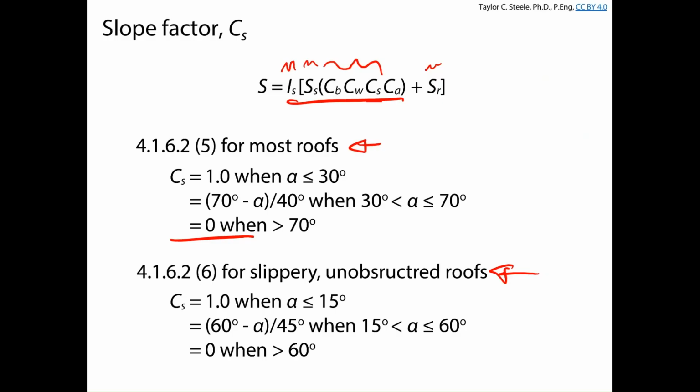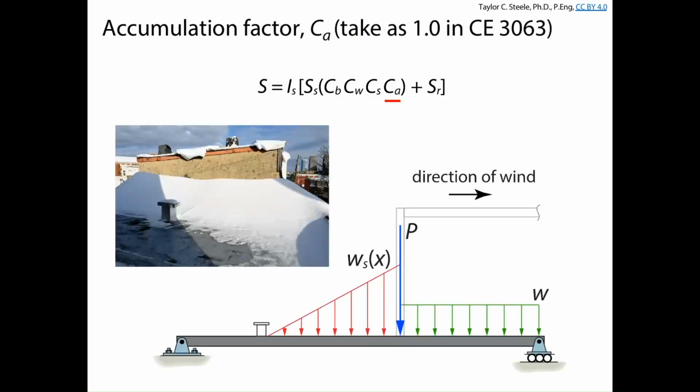The last one we're going to talk about is CA here. And in this class, we're going to be dealing with flat roofs that don't have any obstructions on them. So for the purposes of what you do in this course, just take it as 1. What this factor is to account for, though, is the potential that we can get snow drifting, especially when we have multi-level roofs, or more common, a mechanical penthouse of sorts on the roof.